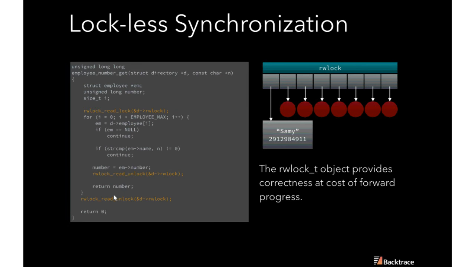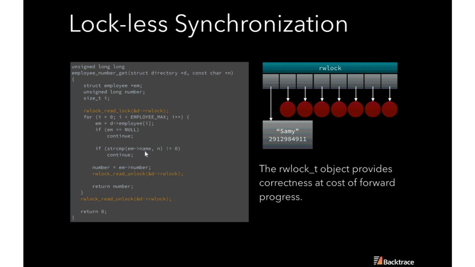So let's look at what this looks like using traditional read-write synchronization objects. Over here we're using a read-write lock. This is what number get may look like. We acquire the read-write lock and iterate through every pointer in this array.